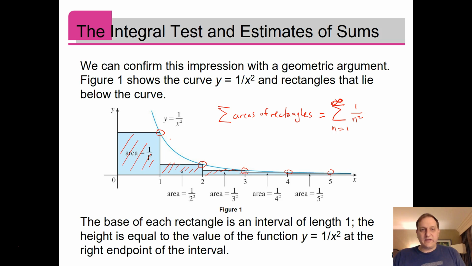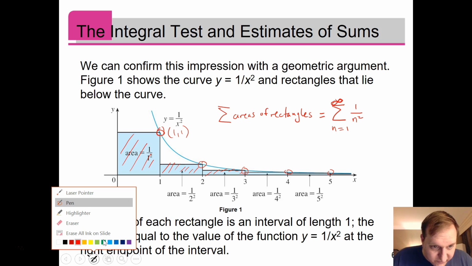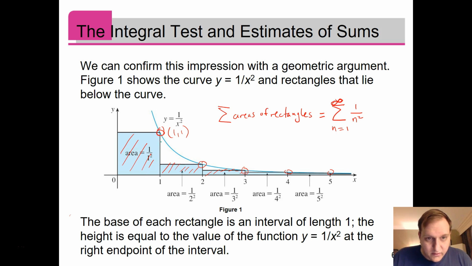So if we start by looking at 1, right at the point 1 comma 1, which is right here, I'm going to change pen colors for a second. I'm going to change it to green. I'm going to ignore that first one for a second, and I'll explain why in a moment. But if we look at the total area under the curve from 1 to infinity, clearly that's bigger than the sum of the areas of the rectangles if we ignore the first one.